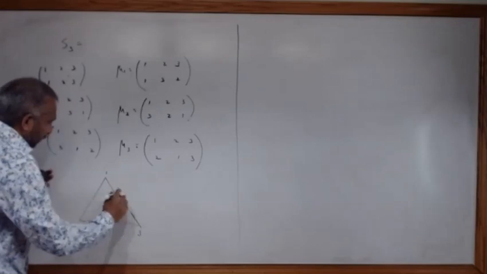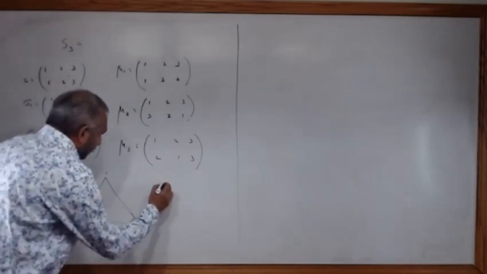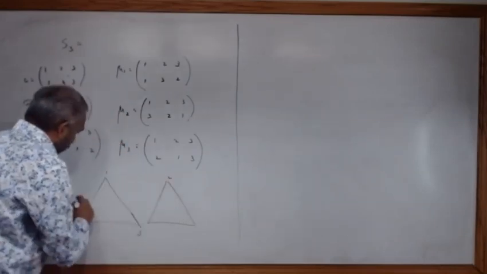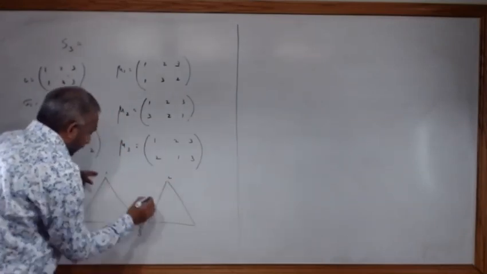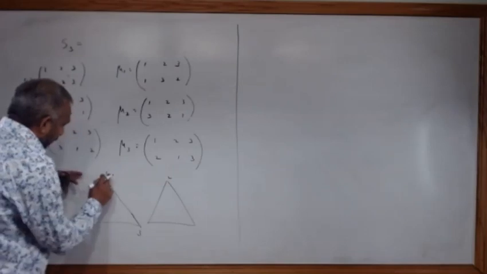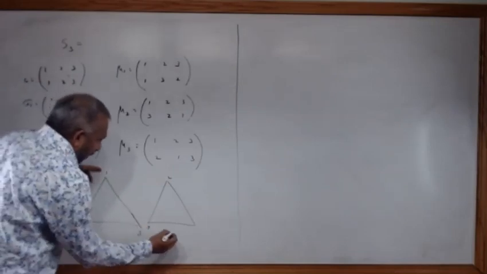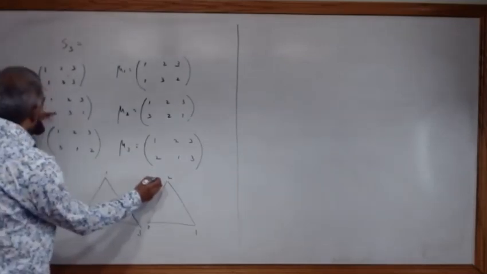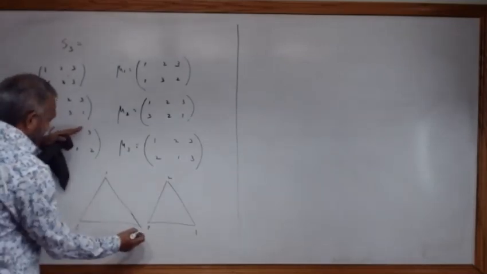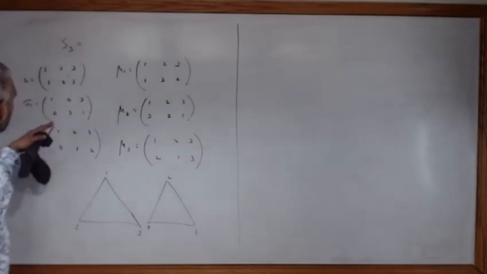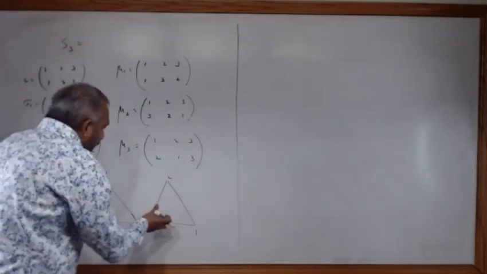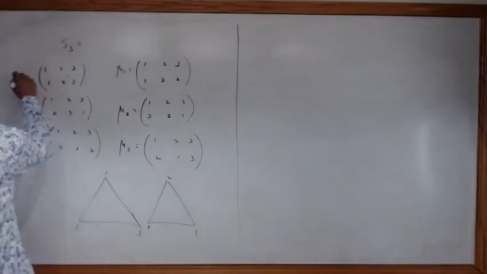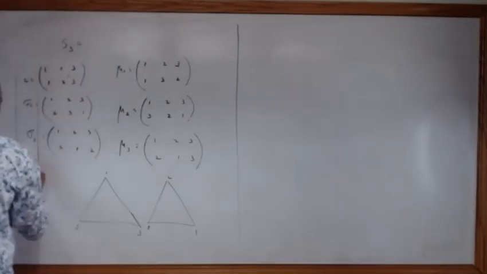If you turn like this, 1 goes to 2, 2 goes to 3, and 3 goes to 1. And you rotate one more time, you'll get this. So these are called rotations.